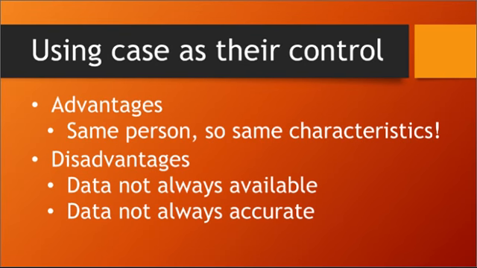The nice thing about this is we can use the same person, and so they have exactly the same characteristics, except the controls might be younger, but it's a younger version of themselves. But we don't always have that type of data, and it's not always accurate if there is some data there.